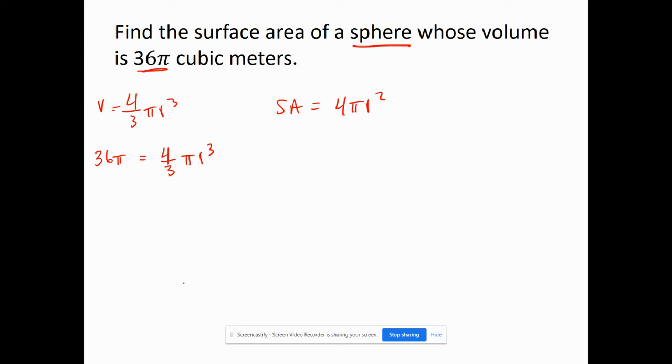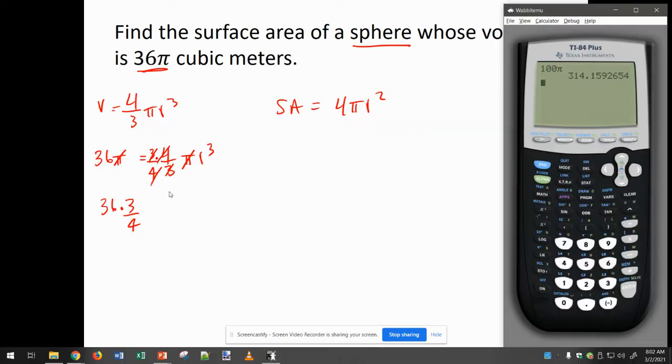And so the way we want to do that is divide both sides by pi, and then multiply by the reciprocal. That cancels out. 3/4 times 4/3 is 1. So those all cancel out. But I have to do 36 times 3/4. So then I can pull up my calculator. 36 times 3, and then divide by 4 is 27.